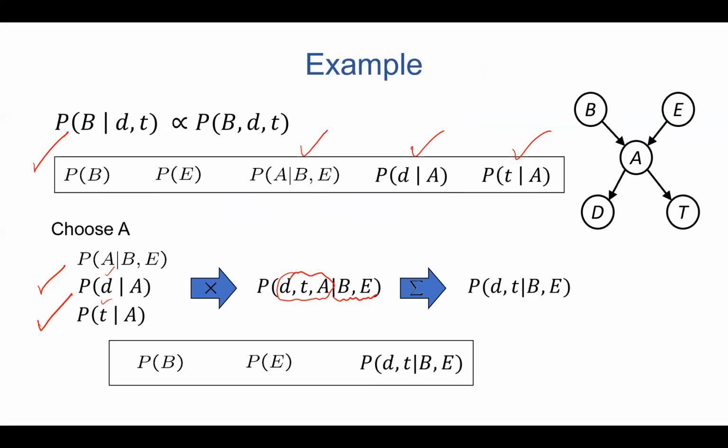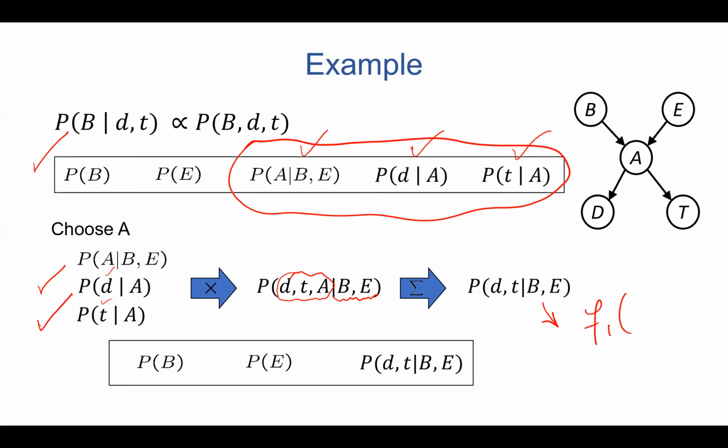So with this new factor, by joining over all these 3, we get a new factor, which is D, T, B, and E. I just called it F1. This is a new factor that we have computed by joining over all the conditional probabilities that have A.